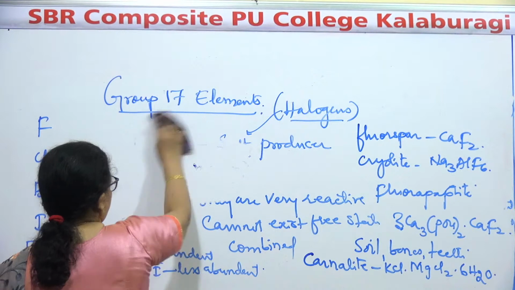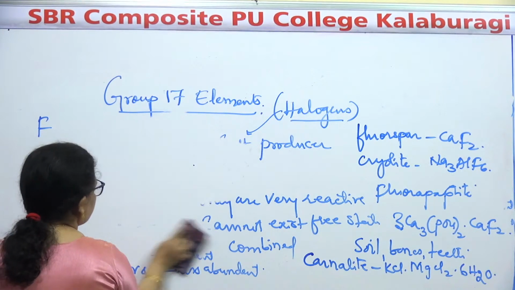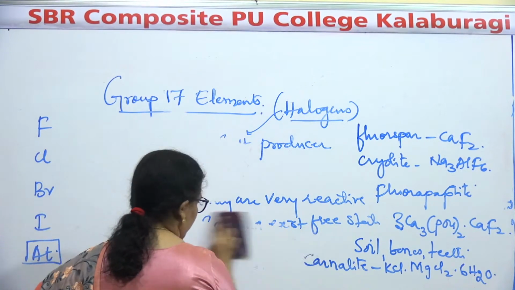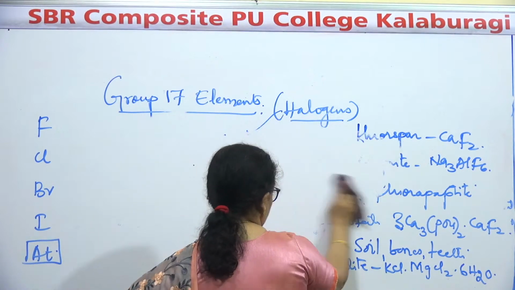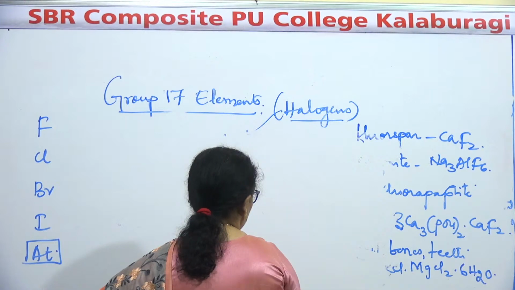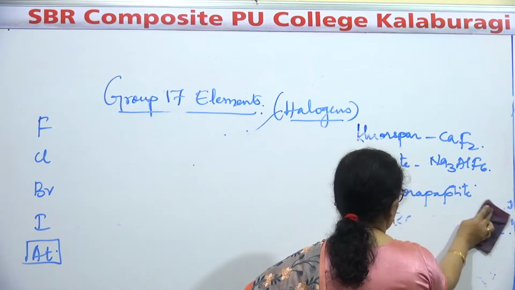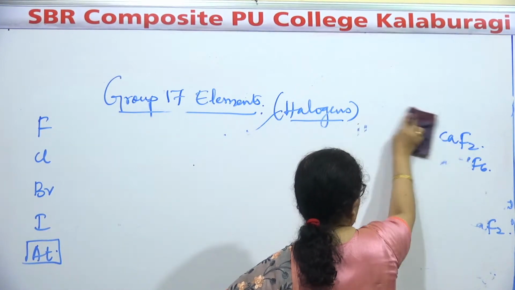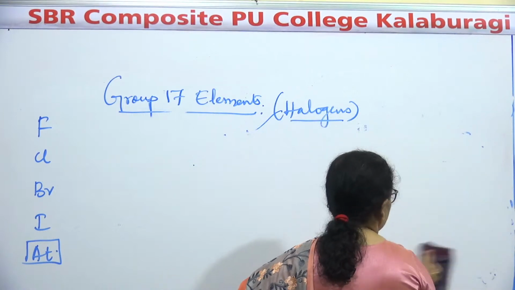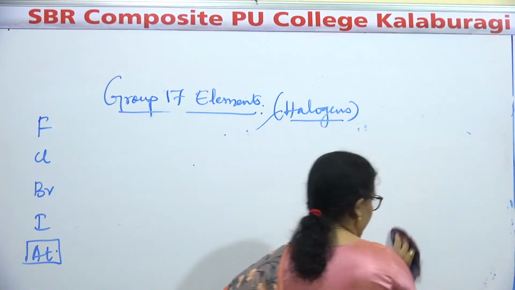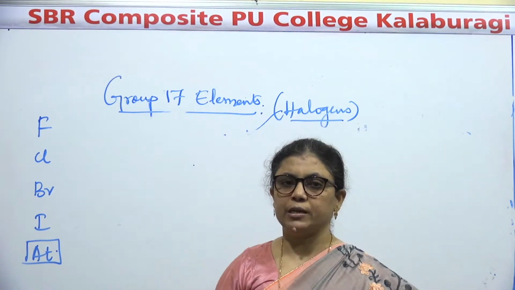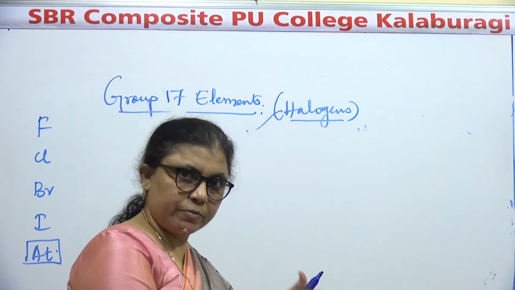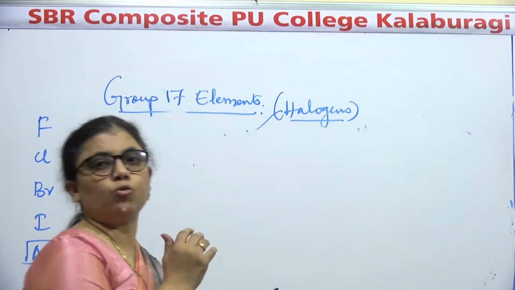General trends: electronic configuration, atomic size or ionic size, ionization enthalpy, electronegativity, and electron gain enthalpy. These are familiar. Even in the first class itself, as I said, children, whatever points we discuss in group 15, the same are going to continue in group 16, group 17 and group 18.